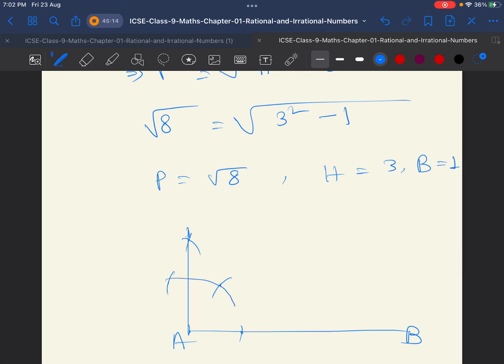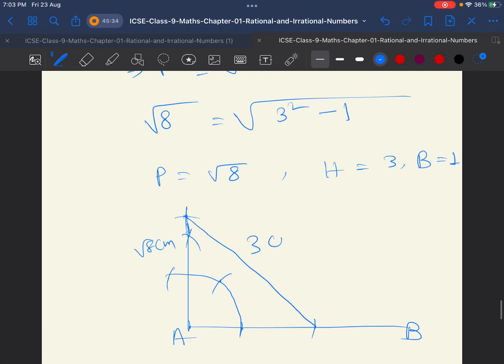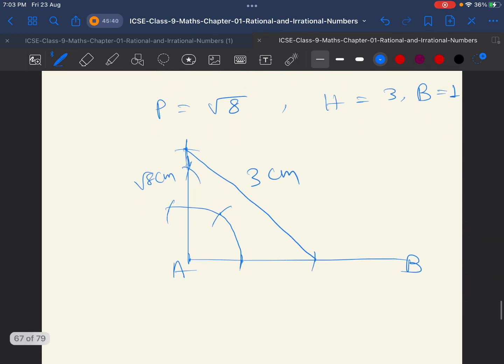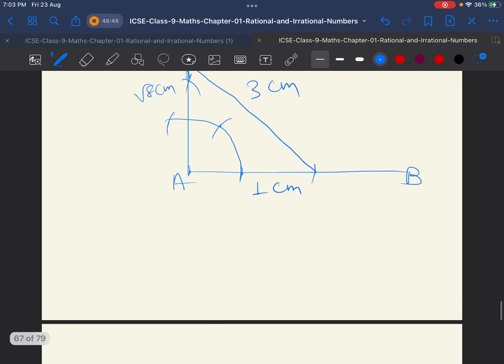Now here the perpendicular is root 8, so we cut here. From this point to this point is root 8 centimeter, and from this point we cut here, so this is the hypotenuse, 3 centimeter. Now the base will be 1 centimeter.